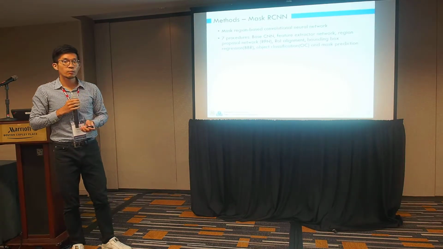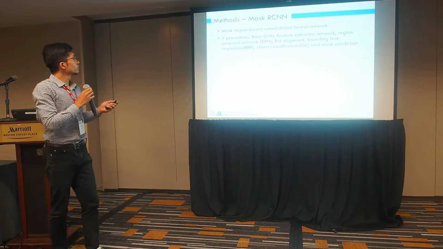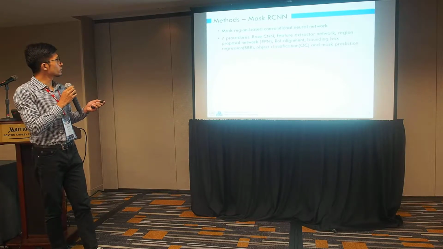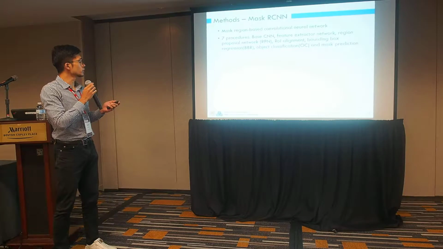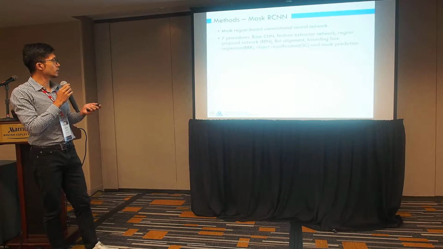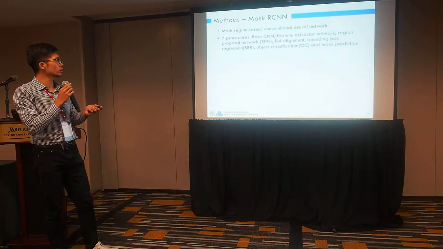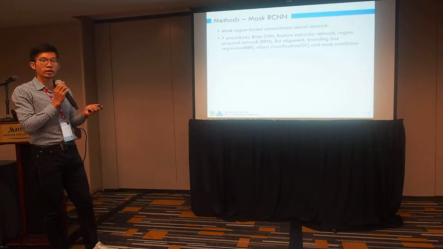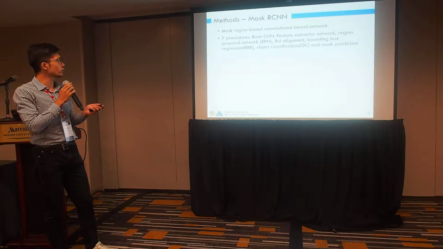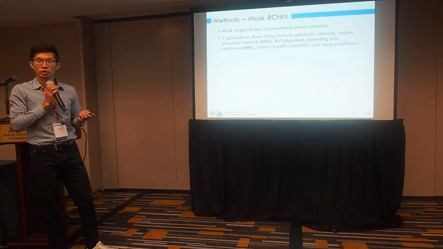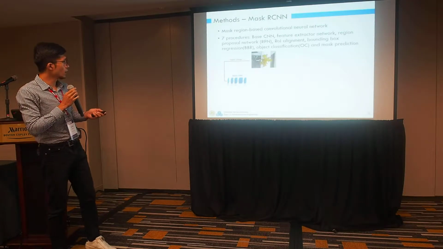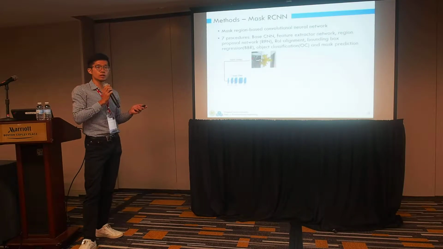My method is to use the Mask R-CNN method, and this approach is based on 7 procedures. The first is the backbone, then the feature extraction network, region proposal network, ROI alignment, bounding box regression, object classification, and finally mask prediction.